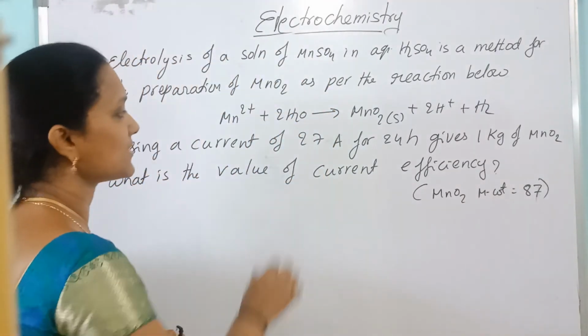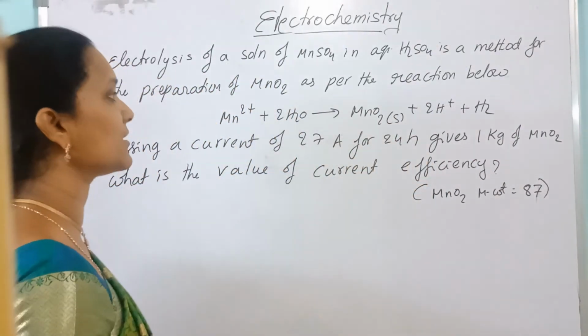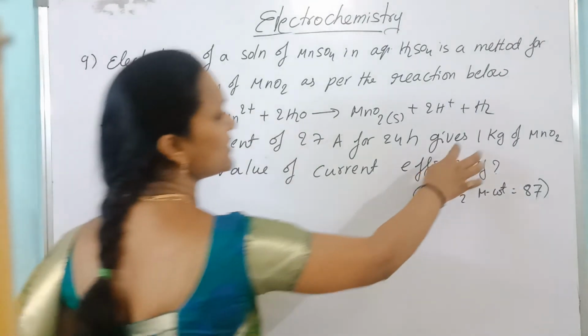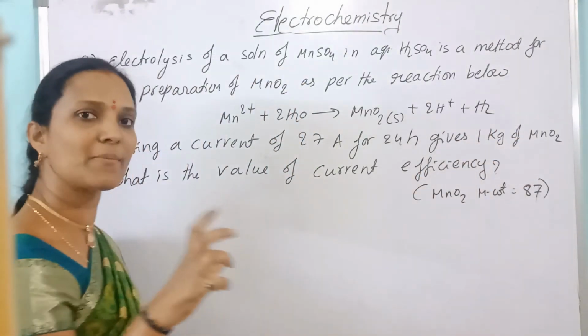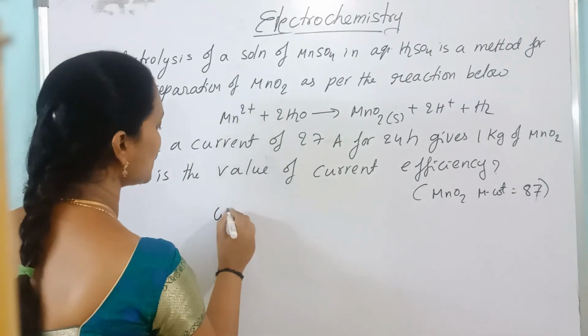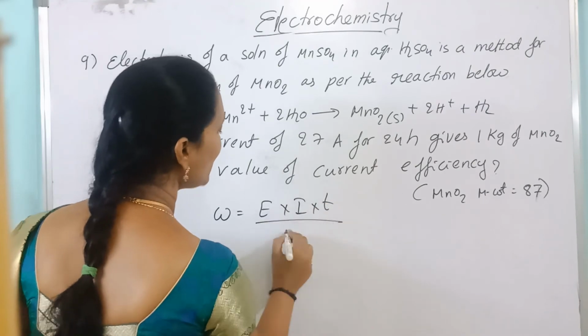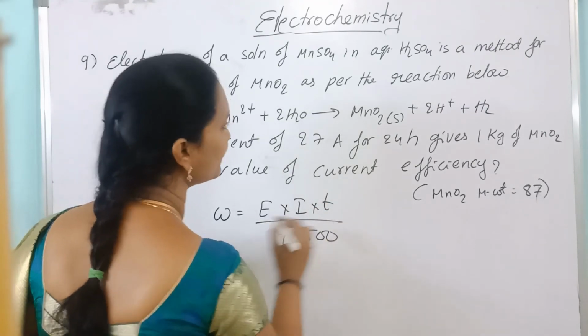So how to calculate this current efficiency? See, first the current in amperes is given and the time in hours is also given. So first calculate the amount we should get, and check whether we actually get the same answer or not. What is Faraday's first law? W is equal to E into I into T by 96,500.